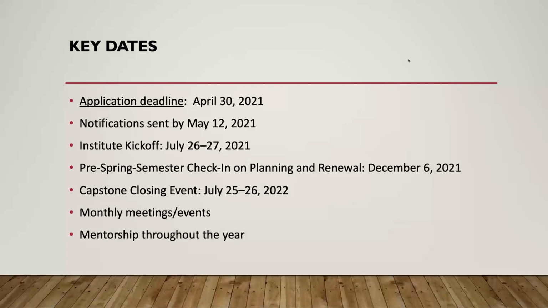There's monthly meetings. There's mentorship opportunities as well, where your campus would meet essentially team on one with your campus mentor. So those can happen at whatever rate or pace that you would like. If you'd like to meet every other week, that's great. If you'd rather just meet quarterly, that's fine as well.